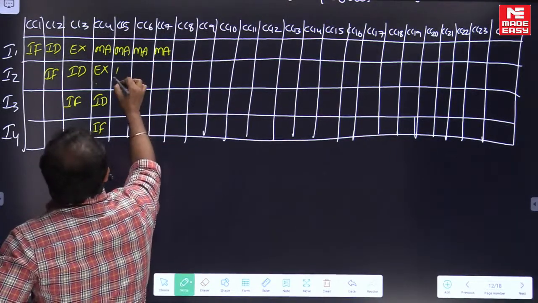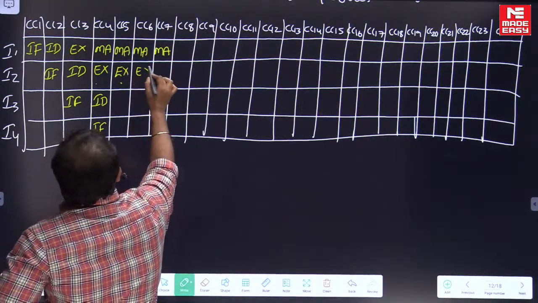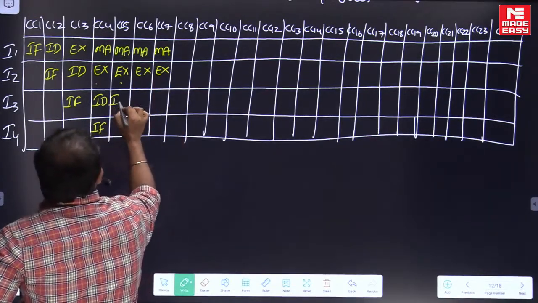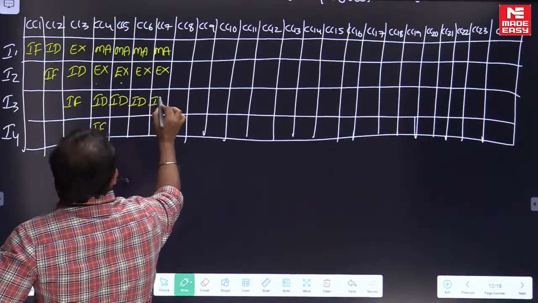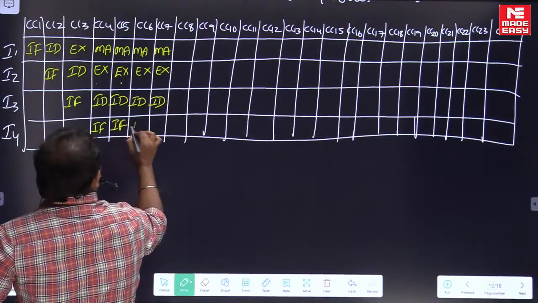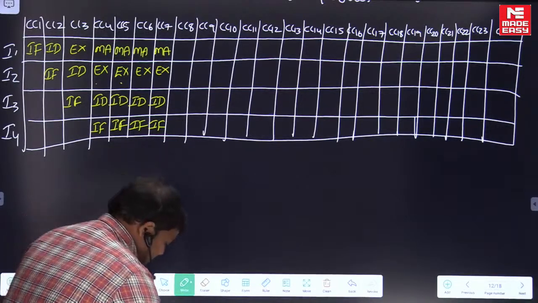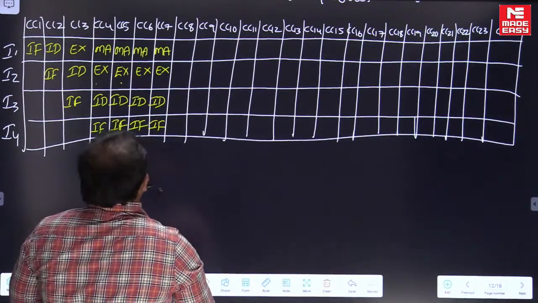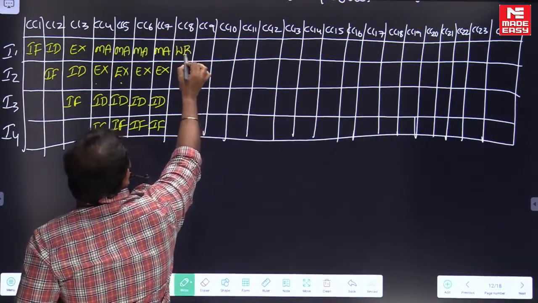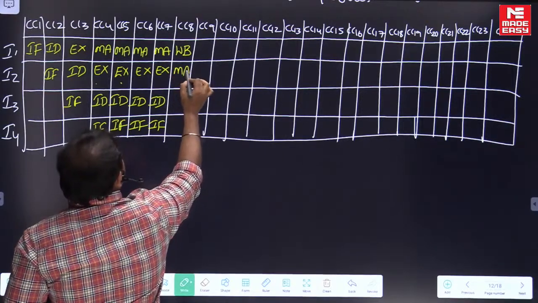Okay, up to that, this is waiting on EX. This is waiting on ID. This is waiting on IF. Very good. Next, please. This is moving to WB. Okay, now this is moving into MA.